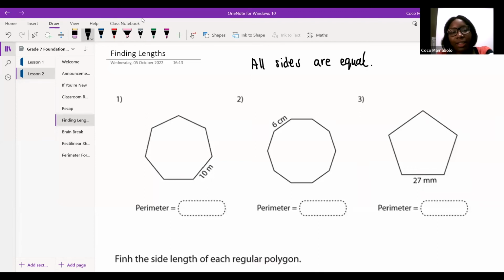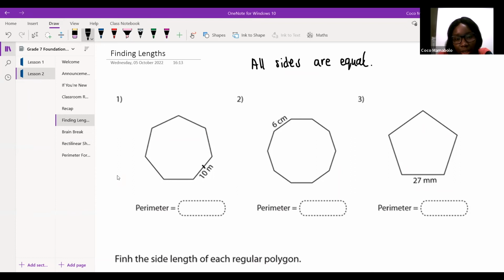Now, if I tell you guys that this side is 10 meters, this side is 10 meters, how much is all of this together going to be equal to? Count how many sides we have and tell me what is the perimeter of this entire shape. How many sides does it actually have?